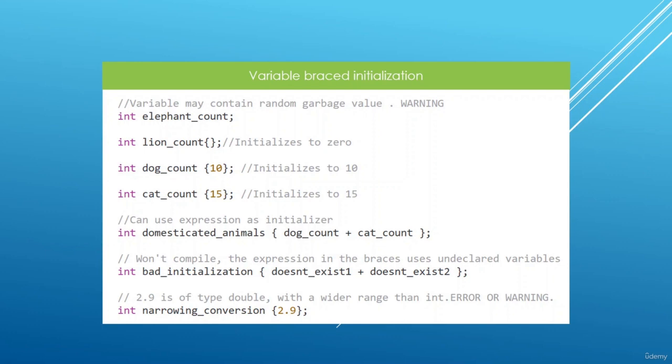Another thing that can be problematic is trying to use variables that you haven't defined or declared in your program. That is going to give you a compiler error, and the compiler is basically going to say, I don't know what doesn't exist 1 here is, I don't know what this doesn't exist 2 is, it is not defined anywhere in the program. Another thing you can do is try and store a fractional number in a variable that you declared as an integer.